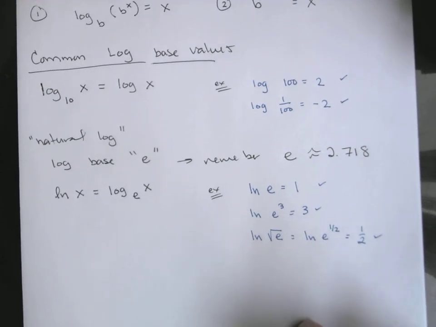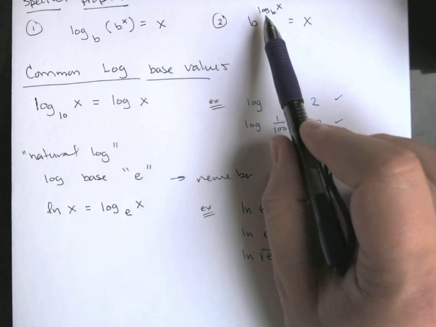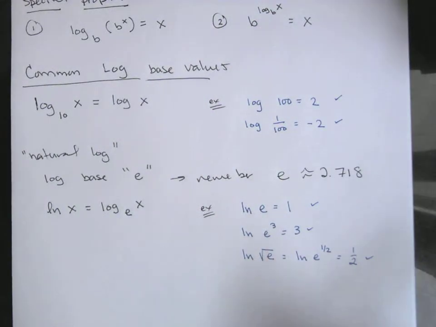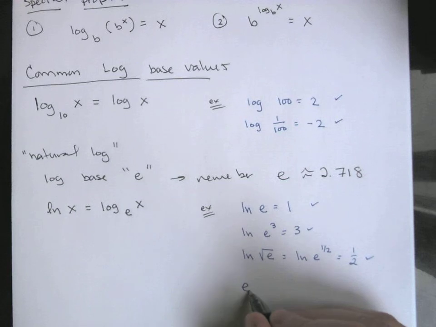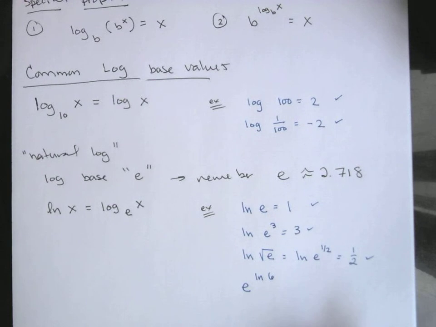If we want to play a little bit with this other form, right? So b raised to the log base b of x. Now's a good time to do it. I suppose we could take something like e, raise it to the natural log of 6. And what this means is, e raised to the number where if we put that number as an exponent on e, we would end up at 6. e and 6 don't have a particularly close relationship, right? e is this decimal around 2.718.